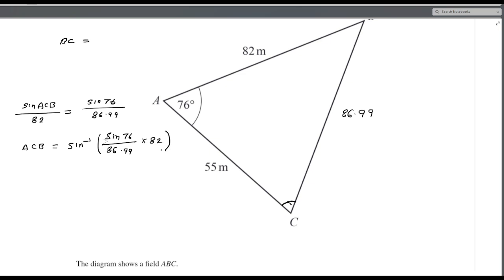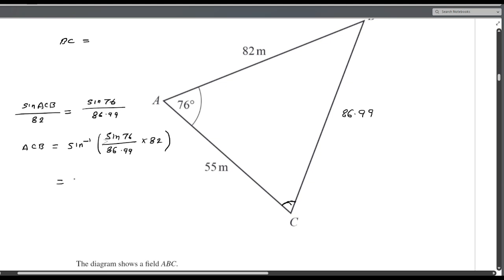I take sine 76 divided by my answer, 86.99 or so, multiplied by 82, then take the sine inverse of this. It will give me 66.157.